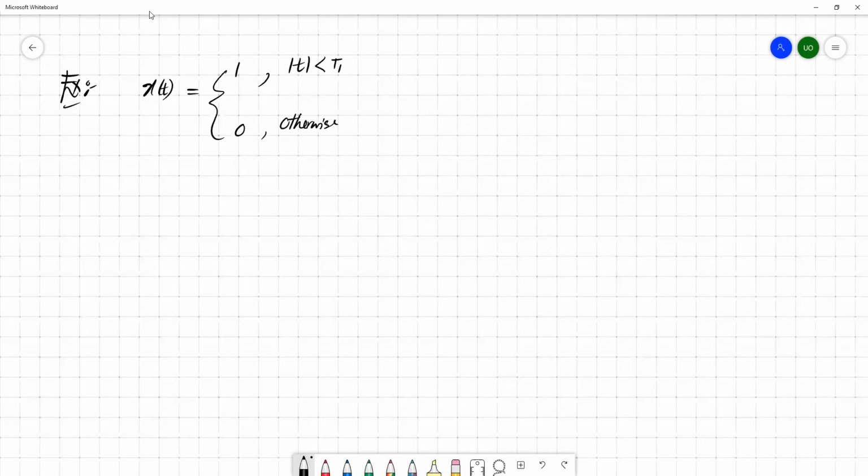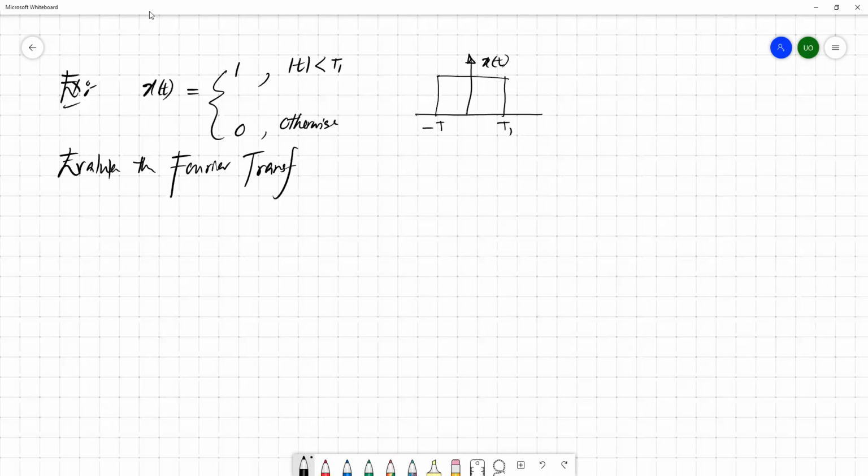This is illustrated this way. This is your x(t), this is T1, this is minus T1. You are asked to evaluate the Fourier transform.